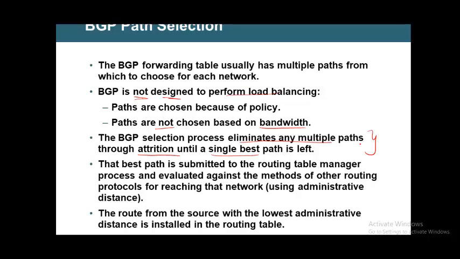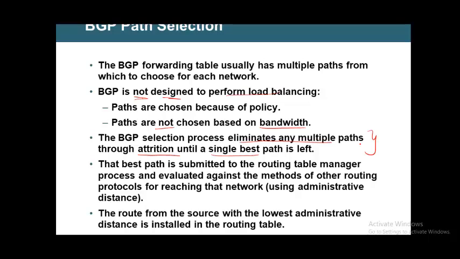You know, filtering through filtration until a single best path is left. It will filter. According to this attribute, I cannot use this path. According to this attribute that is tuned by the owner, I cannot do this. Okay, now there is no tie.